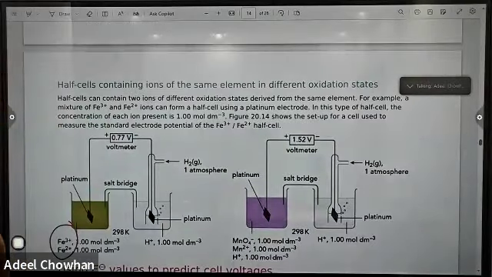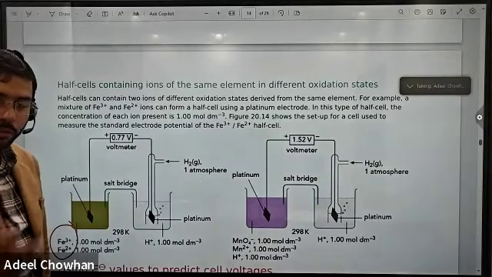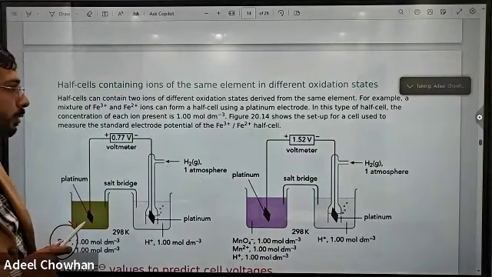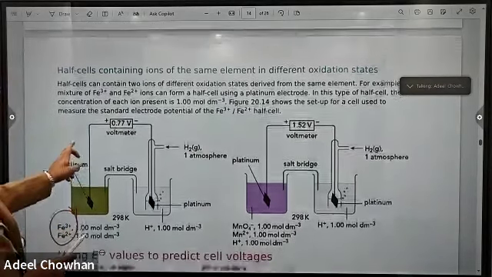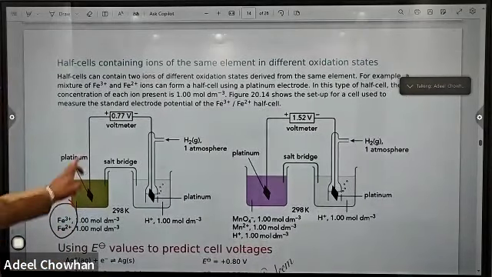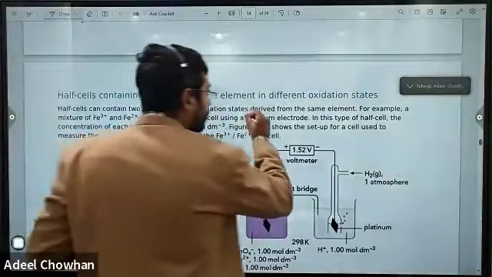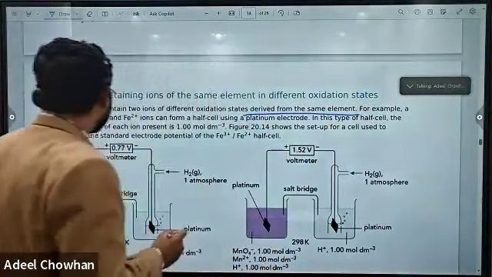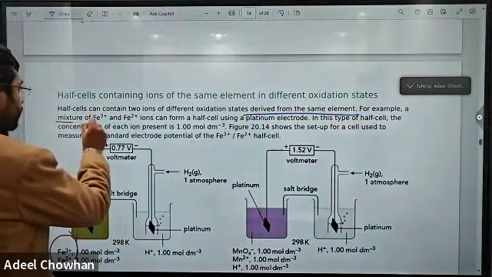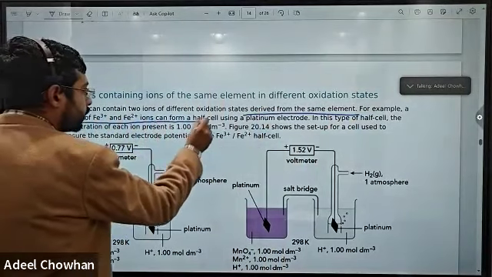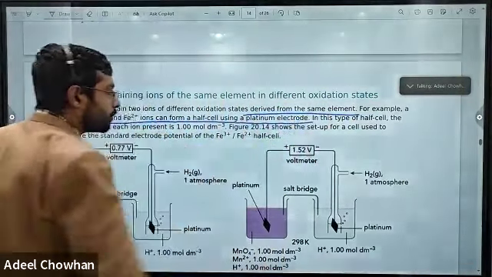The next is half cells containing ions of the same element in different oxidation states. When the same element is used but in its different oxidation states, then you get another type of half cell. Half cells can contain two ions of different oxidation states derived from the same element. For example, a mixture of iron 3 plus and iron 2 plus ions can form a half cell using a platinum electrode.